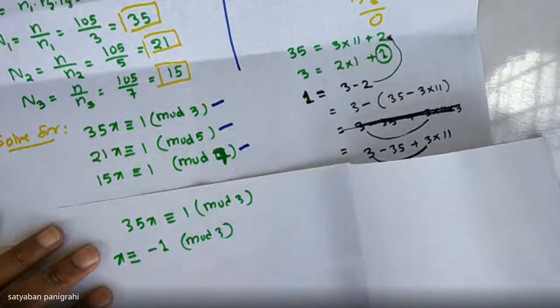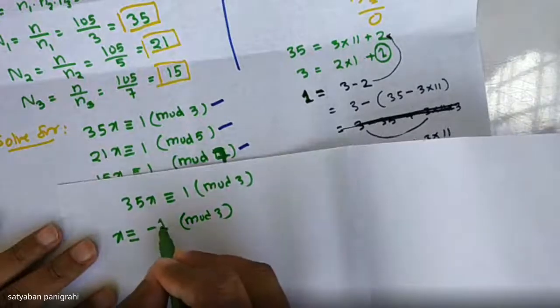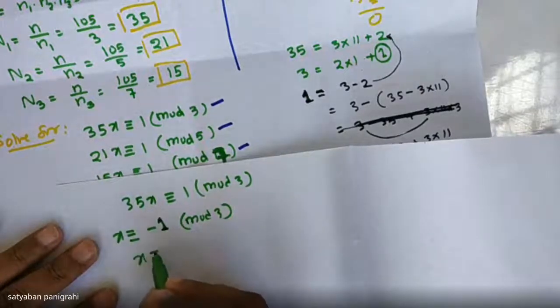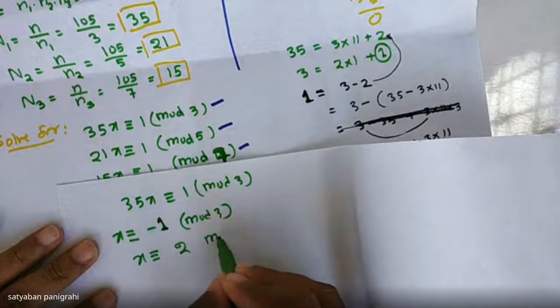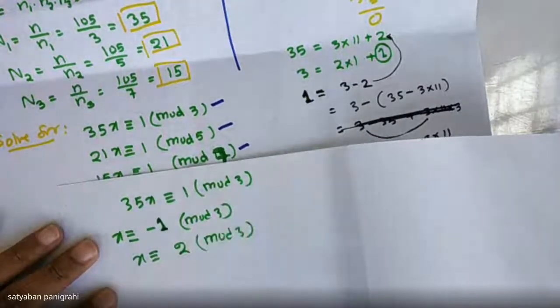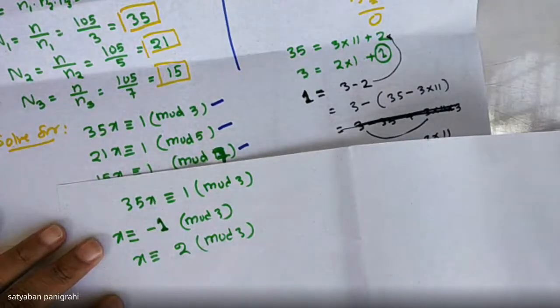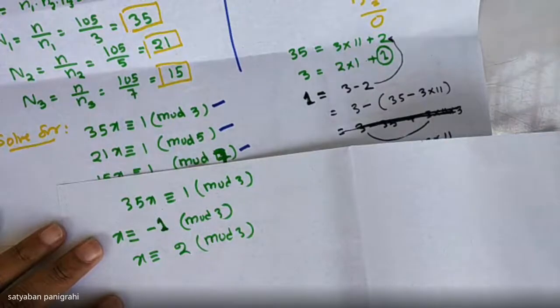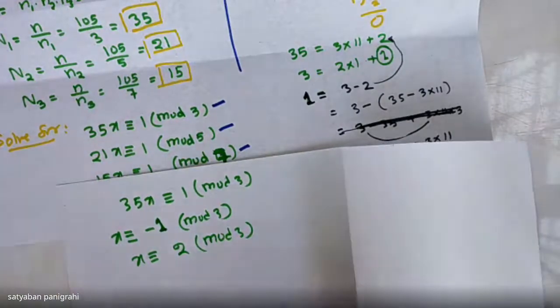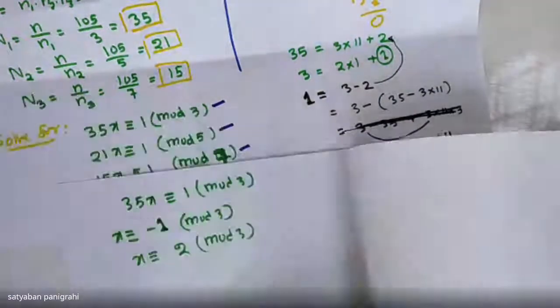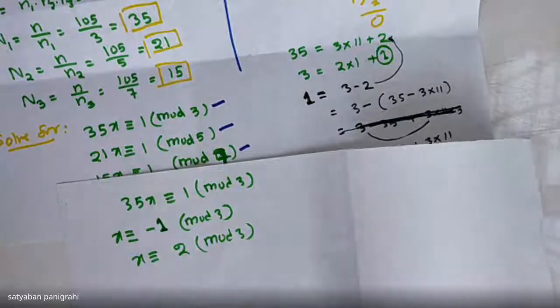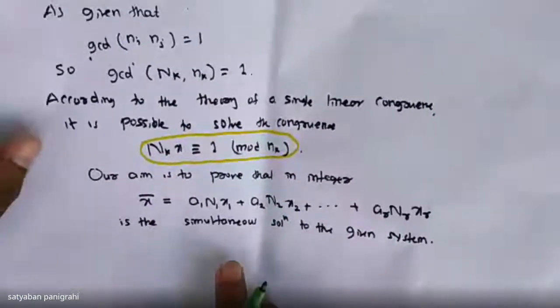Now we simply remove this minus 1 to write x congruent to plus 2 mod 3. That means this is our first solution, x1.